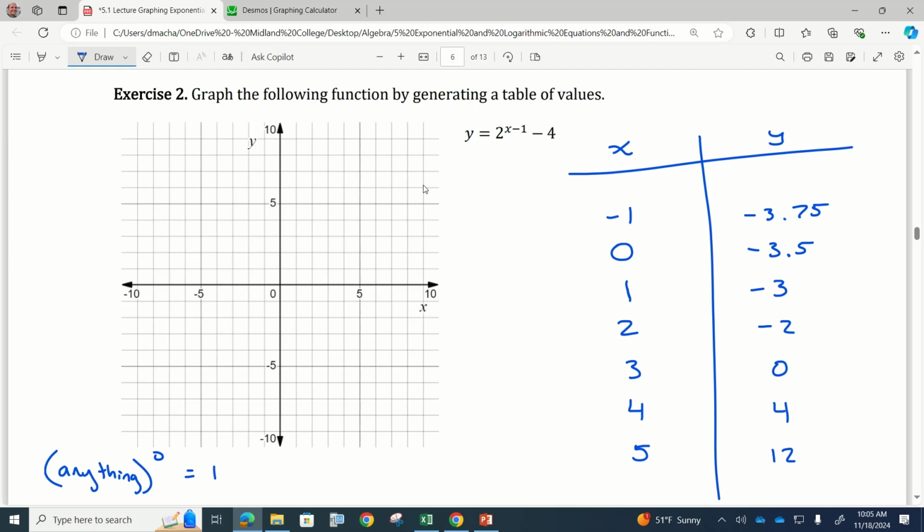So x is negative 1, y is negative 3.75, and I'll put down some of these dots. 2 and negative 2, 3 and 0, 4 and 4, and then we connect the dots.